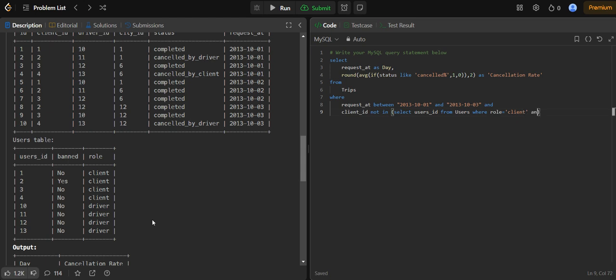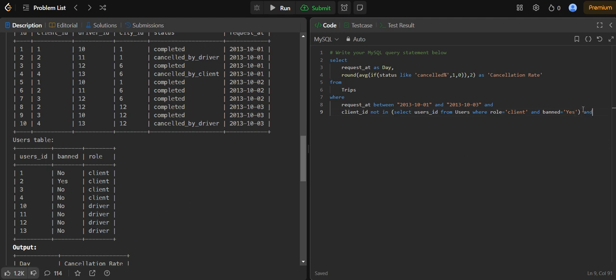Okay, banned must be yes, role must be client, and this is my subquery.